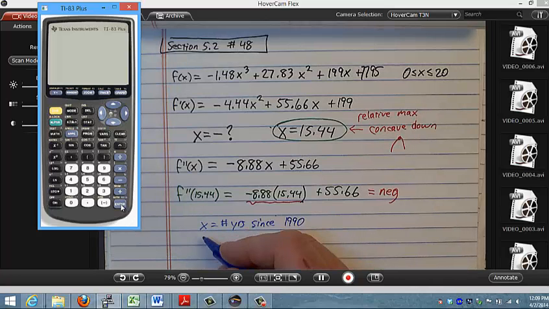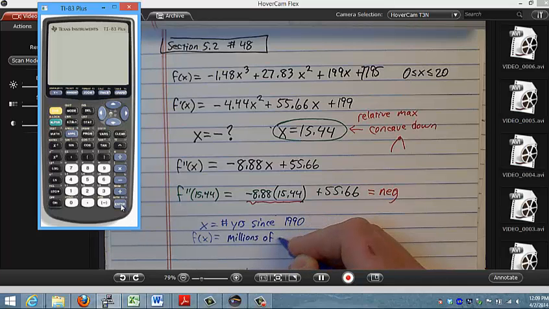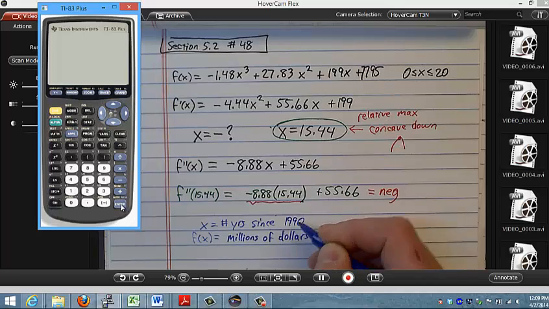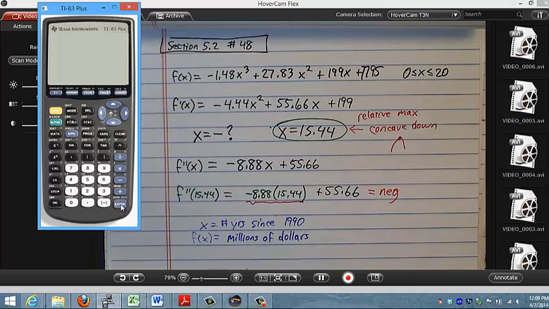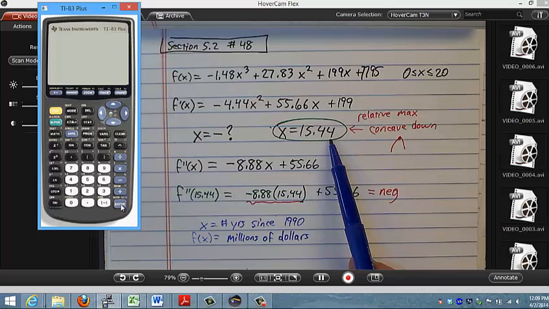And then what else I have is f of x is millions of dollars for Yellow Page advertising. Is that right? So let's, well, but listen to what happened. This says something historically, doesn't it? We have a relative max at 15.44 what?